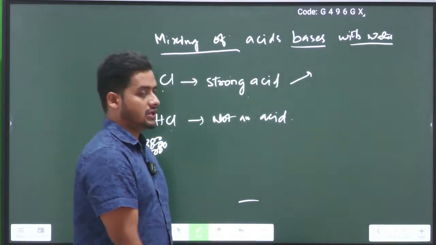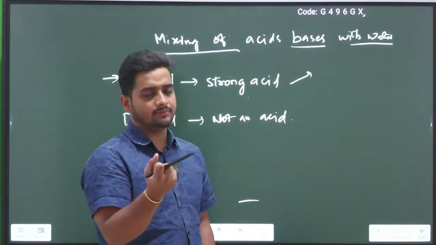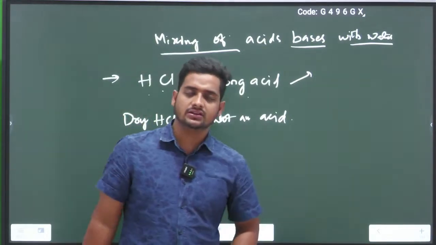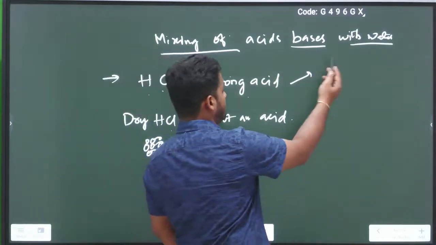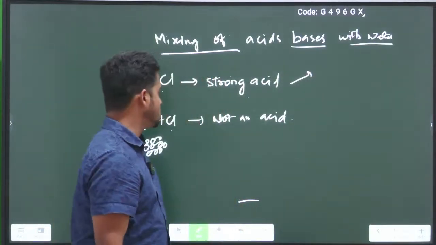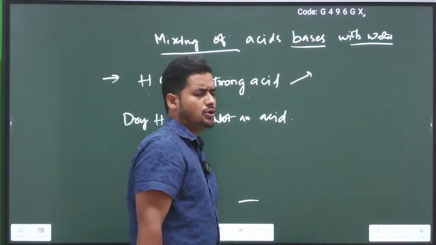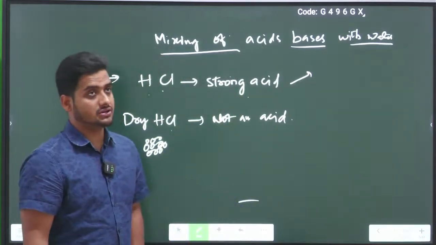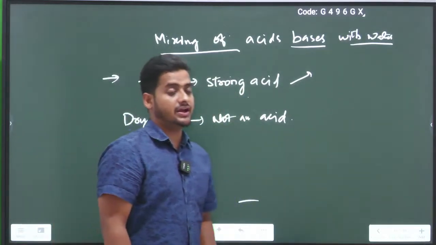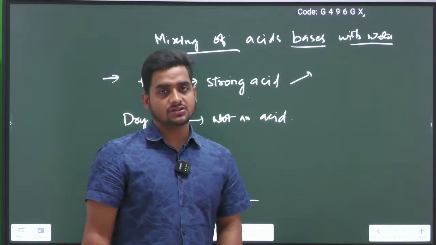If any compound is an electron acceptor, then you can say it is an acid. By Arrhenius theory and Lewis theory we have learned those things. And if any compound is completely ionized, then you can say it is a strong acid. If it is not completely ionized, then you can say weak acid.